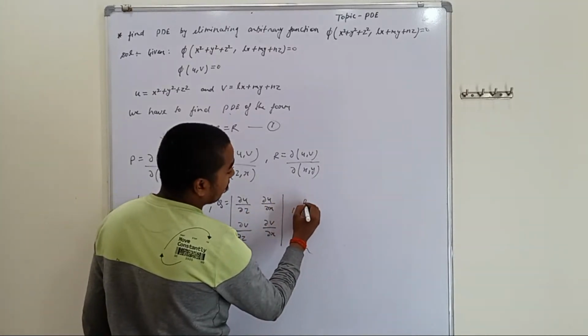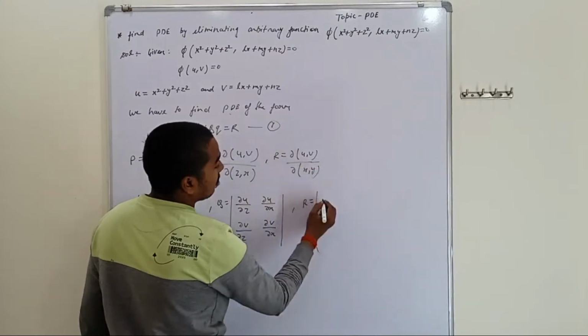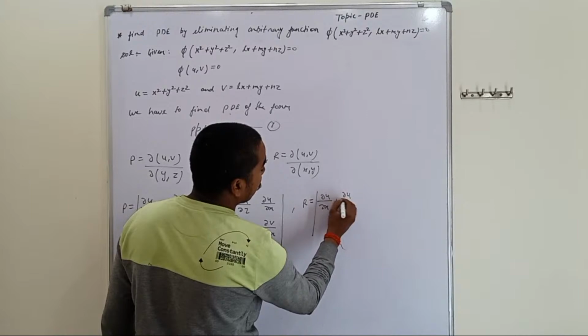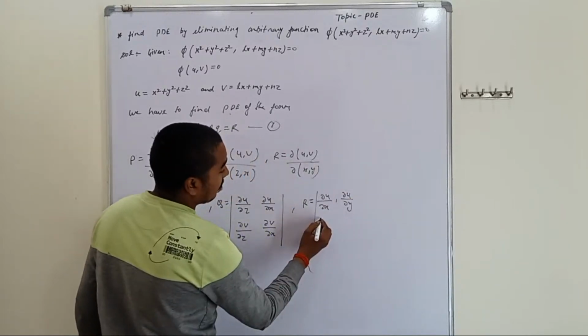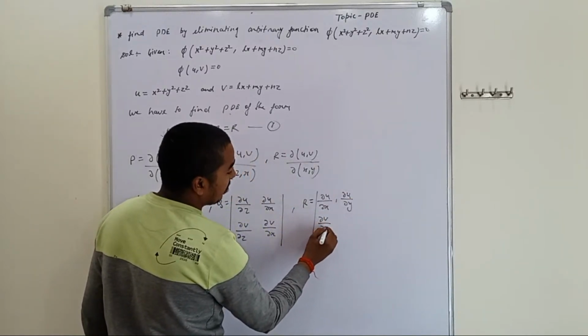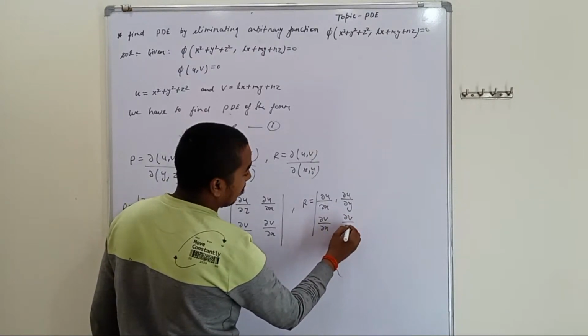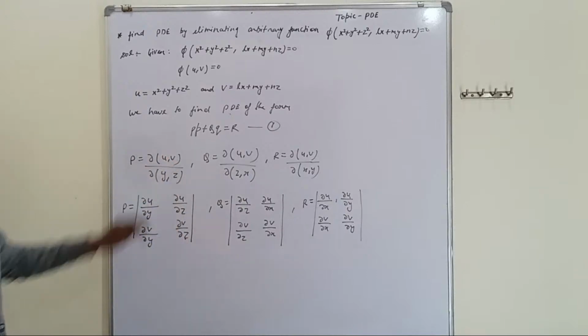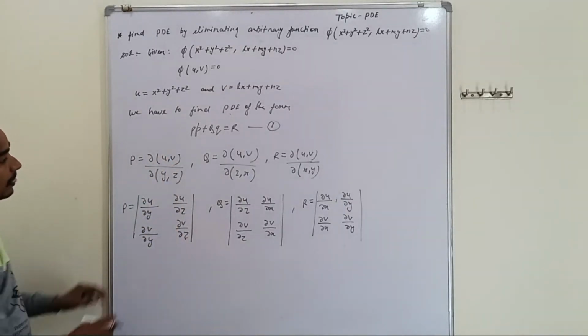For r, it is del u upon del x, del u upon del y, del v upon del x and del v upon del y. We have to know the following formula. We have to further proceed.